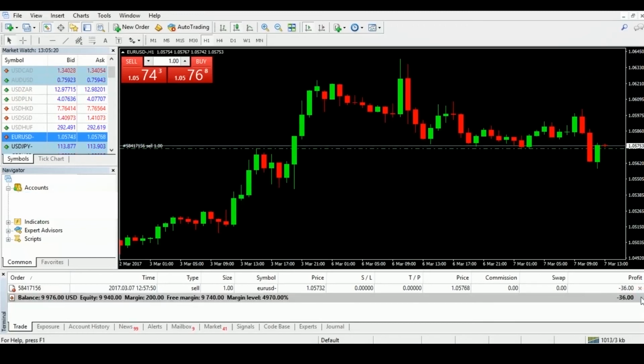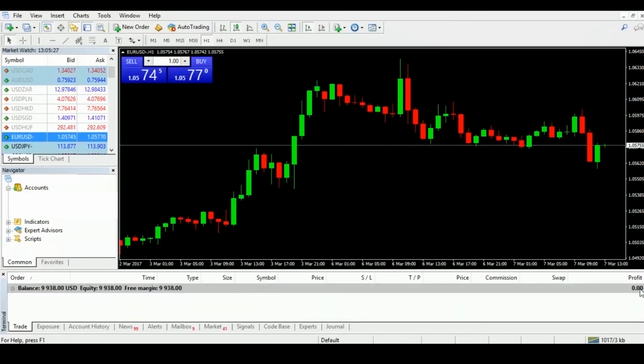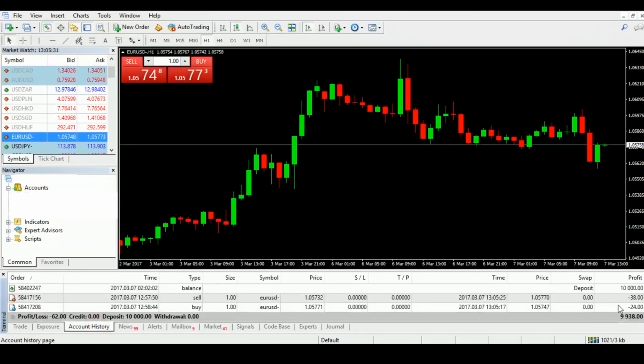And then if we decide we want to close the other trade, you just hover over the X and you close. Now when you go to account history, you will then see the 2 trades that you closed. Right now, because we obviously just placed a buy and sell at random, we have made a loss.